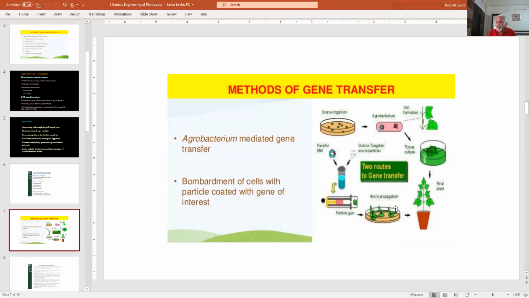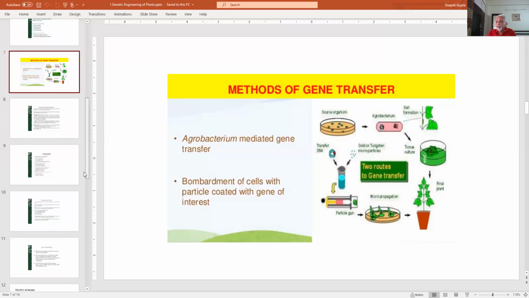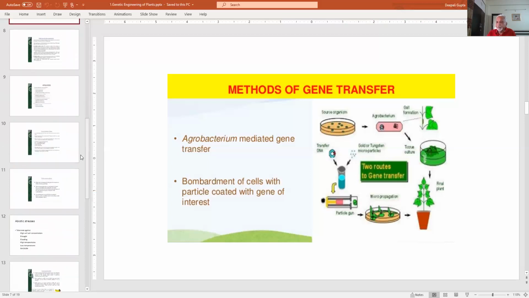After bombardment, they are put for selection, and then you regenerate the plant in presence of antibiotics as the selectable marker. So both these approaches have been successfully used for transformation.